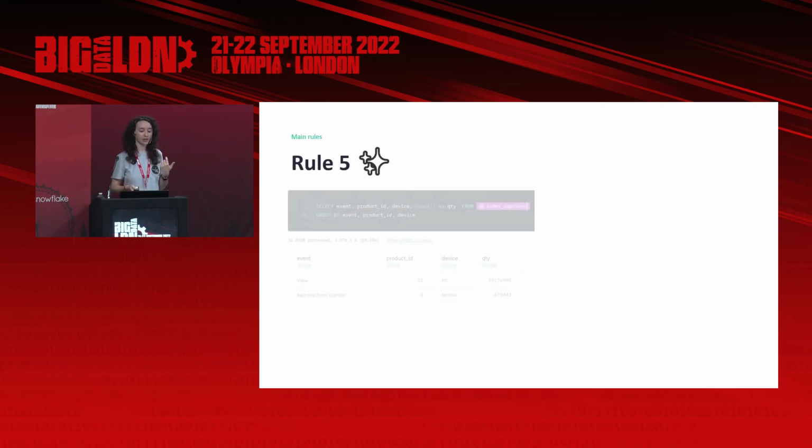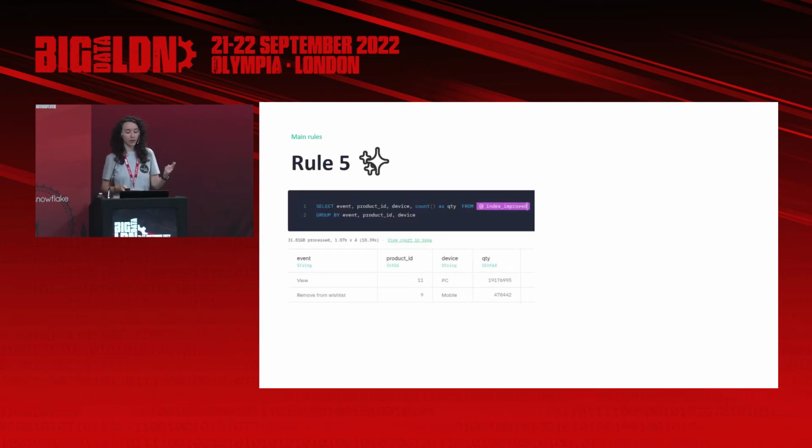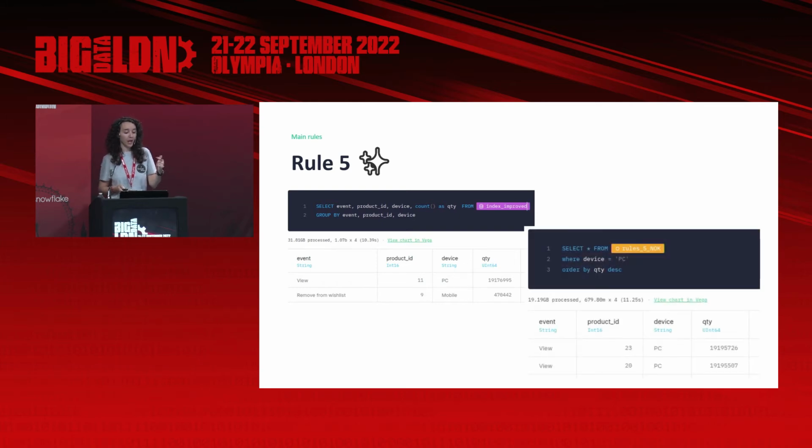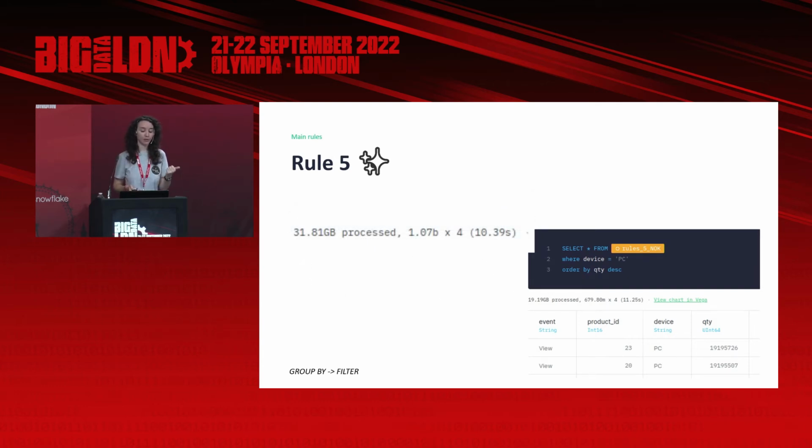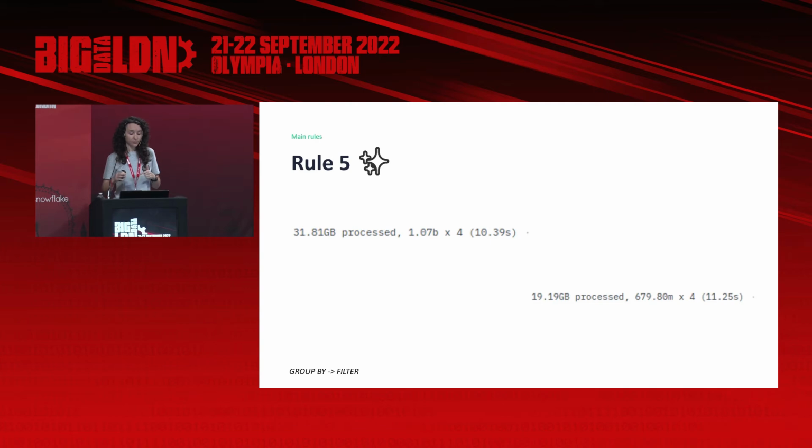Let's see the difference between first grouping and then filtering. The first step, grouping the data, takes almost 10 seconds, and it's again reading the whole table. Then if you filter, it's taking also 11 seconds, okay, and reading a lot of data.